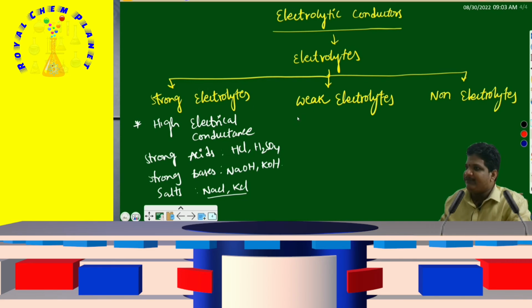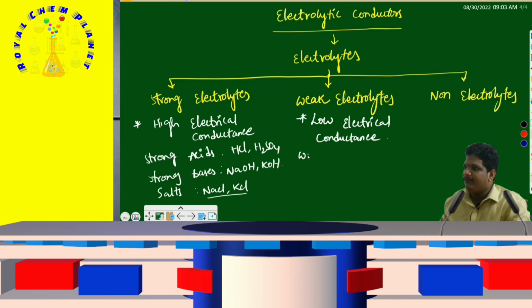Whereas weak electrolytes show low electrical conductivity, low electrical conductance.